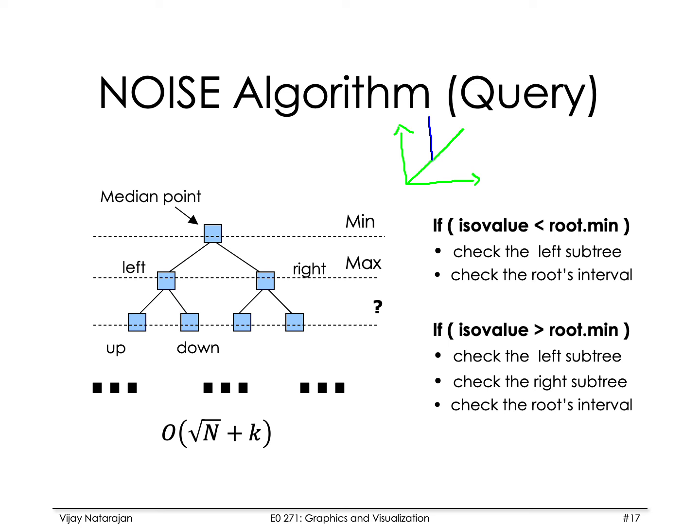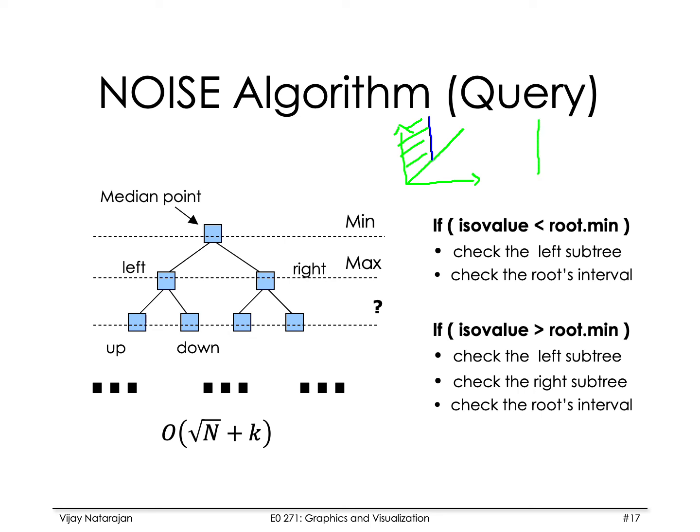This is the root dot min, and I know that my iso value is less than this min, right? So it's clear that I have to focus my attention on the points that lie here. I do not need to recurse on the right subtree, because the right subtree contains isosurface cells whose min is greater than the iso value. So none of those cells will contain the iso value.